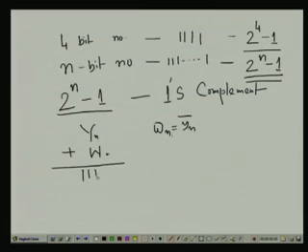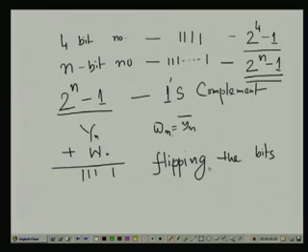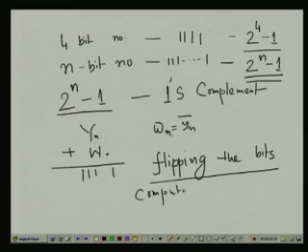So, the ones complement is just flipping the bits, and by flipping the bits it computes the ones complement.